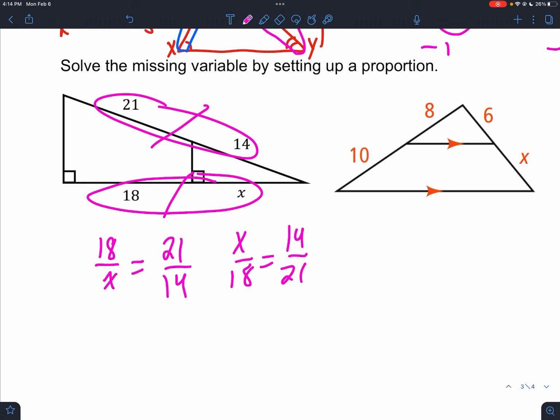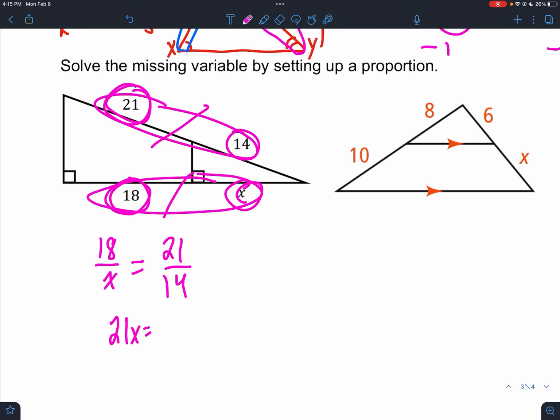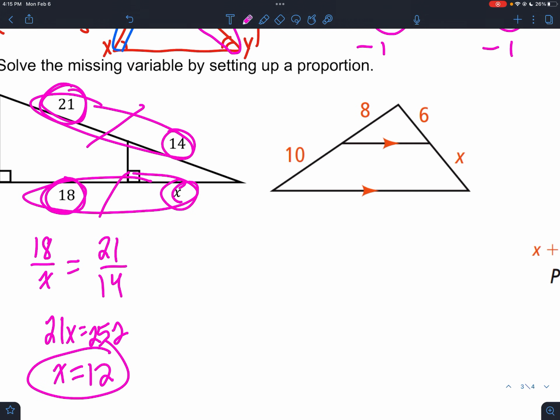This is the same as this, because if you cross multiply, you get the same thing. So the order doesn't really matter. Like if you do 18 over x or x over 18, it's got to be consistent. Notice I'm taking this bigger length divided by a smaller one, this bigger length divided by a smaller one. And then you just have to cross multiply, and we get this, and then x is just 12.